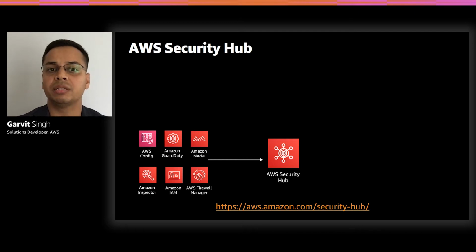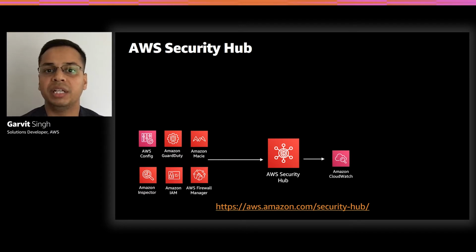Some of the findings might look like, let's say AWS Config has a finding that S3 buckets in your account do not have access logging enabled. Or let's say Amazon IAM might report in your account that security credentials have not been rotated for 90 days. So these are some of the common security findings, and these services feed these findings into AWS Security Hub.